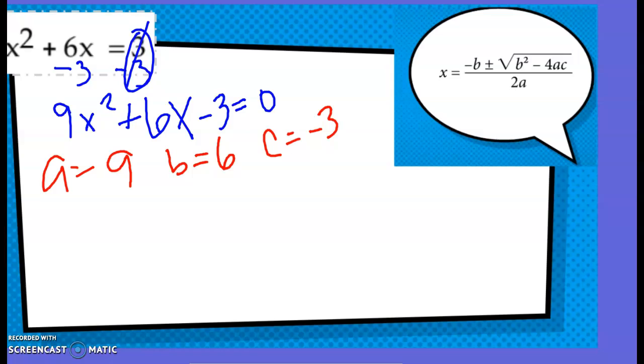So now, if I'm going to start with my formula, this is going to be your formula for everything. In the matching, your first step is to plug it into the formula.